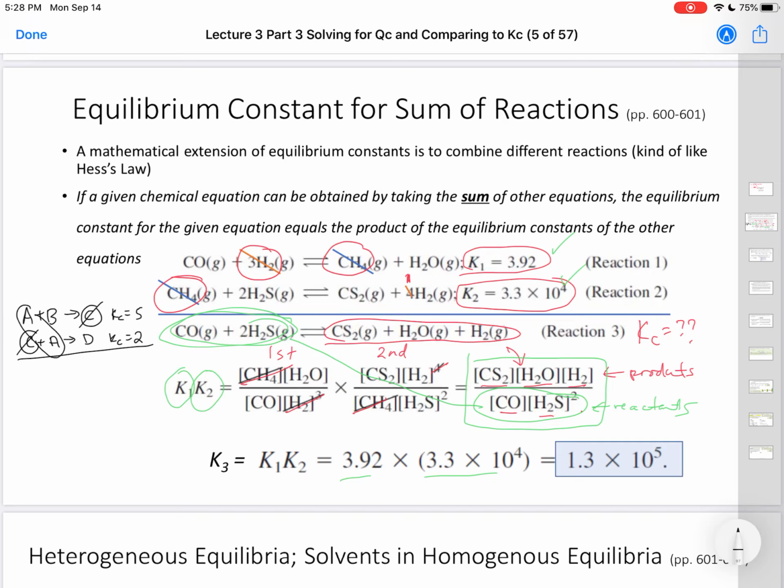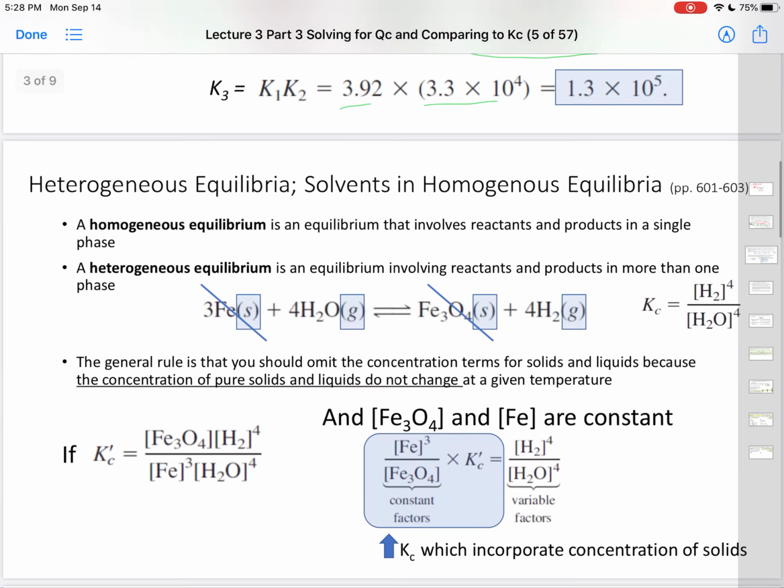Your overall reaction is going to be A and A, or 2A plus B gives you D. And so the Kc for the overall reaction is going to be 5 times 2, or Kc is going to be equal to 10. That's all it's saying.